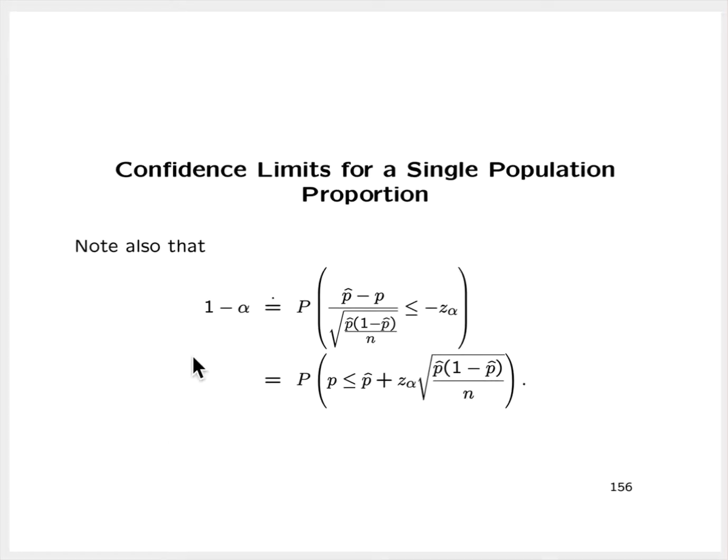We can also come up with an upper confidence limit by looking at this probability statement, and from it coming up with this quantity. Based on this probability consideration, the probability of getting a hold of a sample for which p hat plus z sub alpha times the square root of p hat times 1 minus p hat over n is greater than or equal to the true population proportion p is approximately 1 minus alpha.